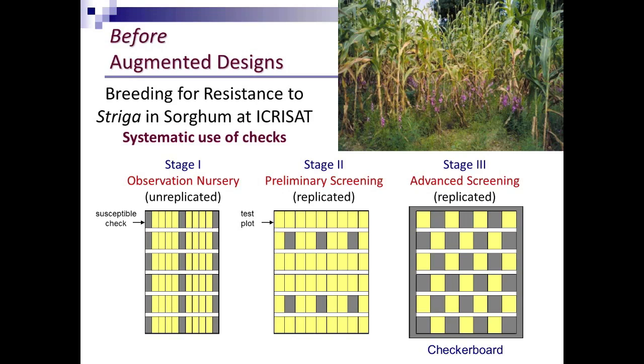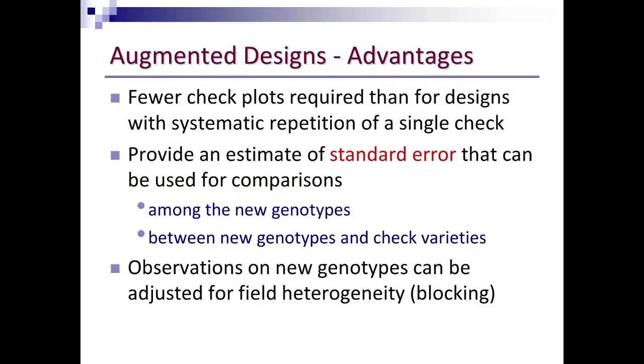In the final, more advanced stage of screening, they would actually use a susceptible check every other plot. And you can see that this is quite resource intensive in that there's a lot of the area in the field devoted to the check plots that you cannot use for your selection.